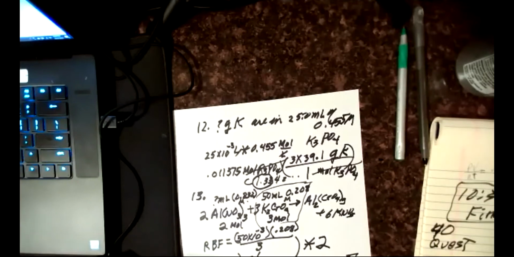And I come up with 0.00833, repeating decimal, liters of the solution. I need to convert from liters to milliliters. Milli is 10 to the -3. So I need to divide this number by 1 times 10 to the -3 to get it into milliliters. So I'm dividing that number by 1 with an exponent of -3.